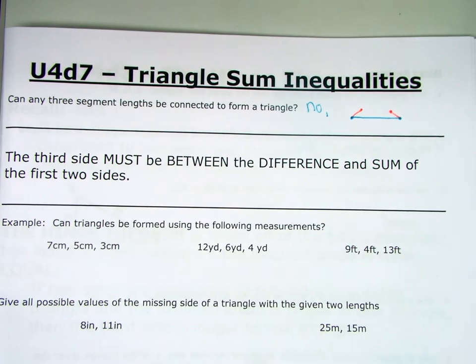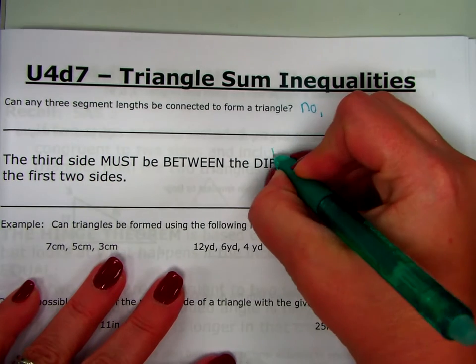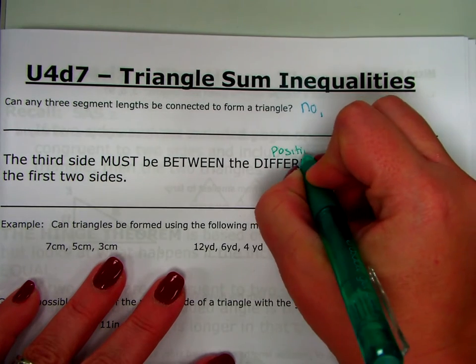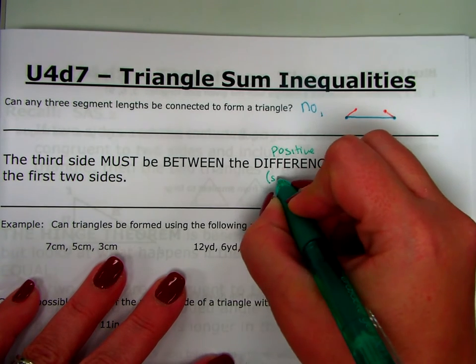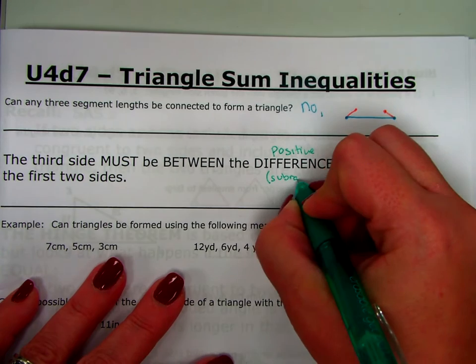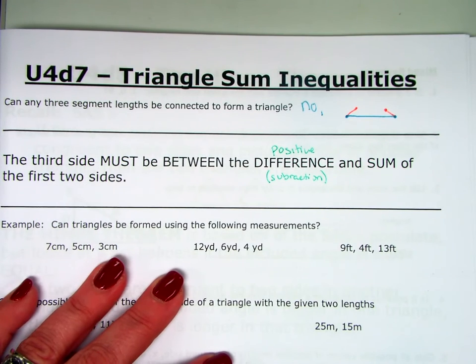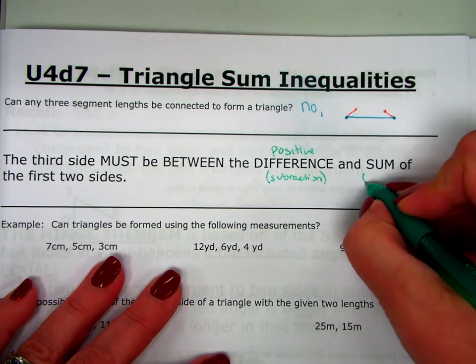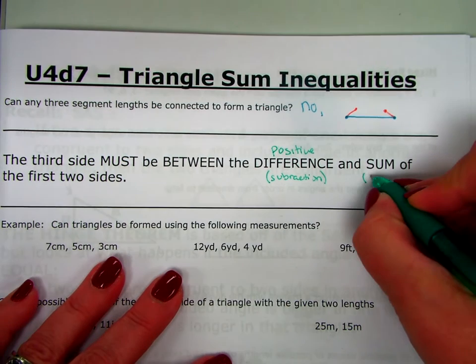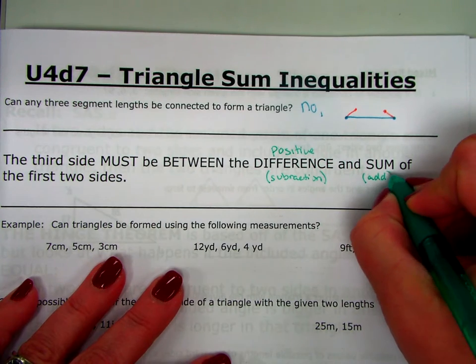And because we're doing side lengths and talking about measurements, it's always going to be the positive difference. And what do we mean when we say sum? Add. And that's always going to be positive because you're adding two positive numbers, right? Because they're side lengths.